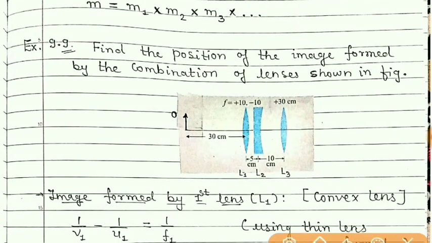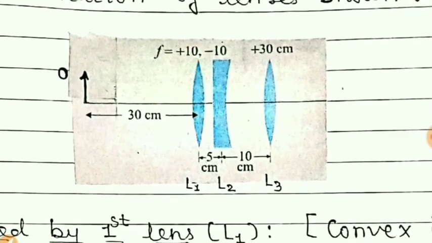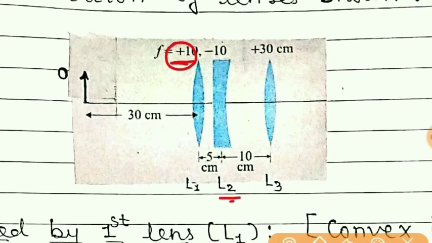Now example number 9.9. Students, here you can see there are three lenses, they are combined. First lens is a convex lens having focal length plus 10. Second lens is a concave lens, actually it is a plano concave.